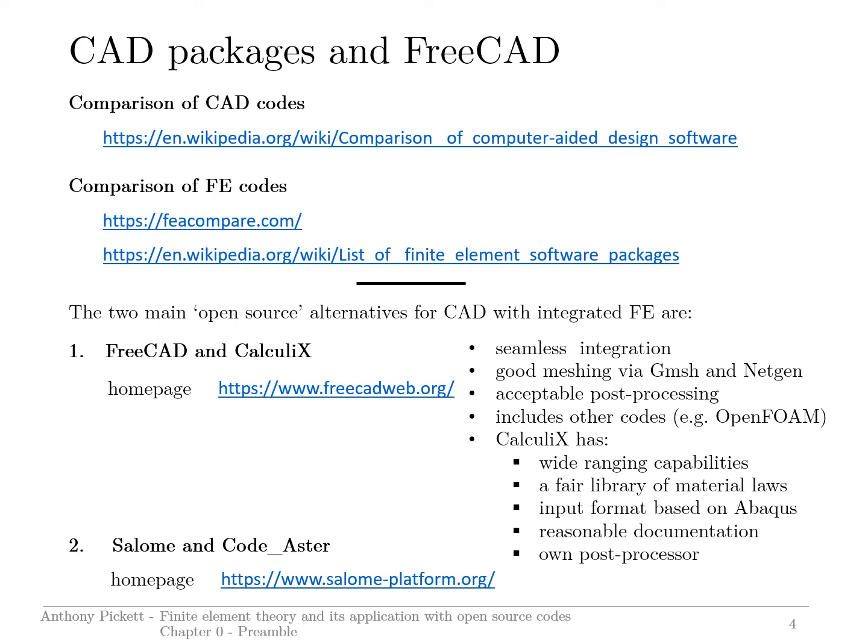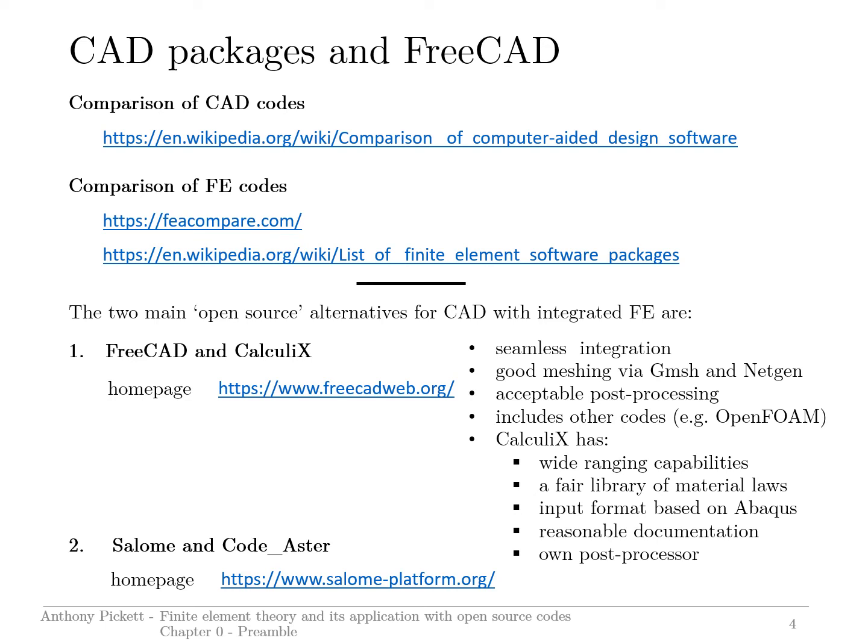I think the strongest points for FreeCAD with CalculiX is that it's very well integrated, meaning CalculiX is so easy to use within FreeCAD. It has excellent meshing possibilities. You can mesh the structure at the CAD level, which means that if you want to change some dimensions of your model, it is so easy to do that, and the structure will be automatically remeshed, and the analysis is very straightforward.